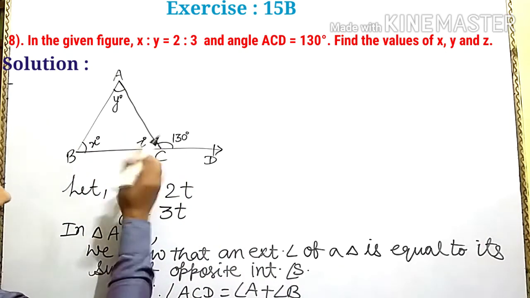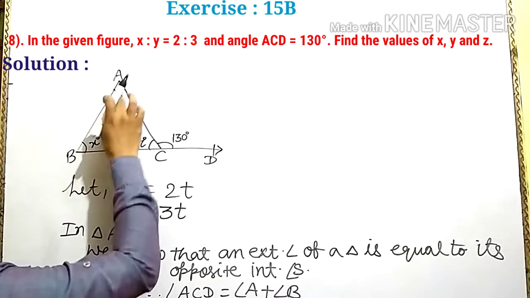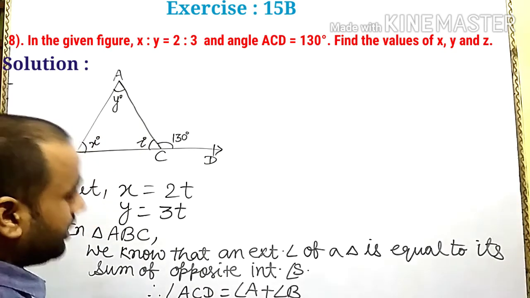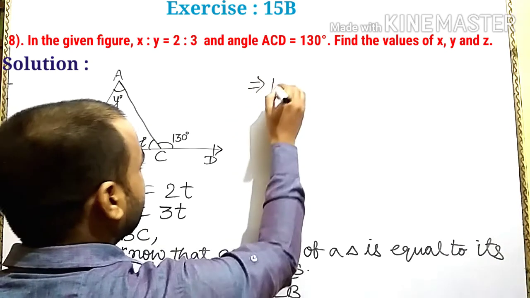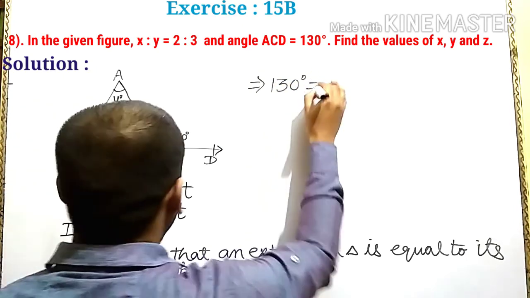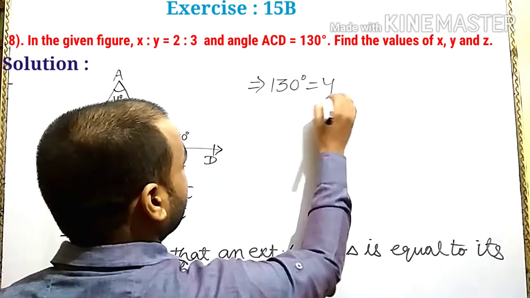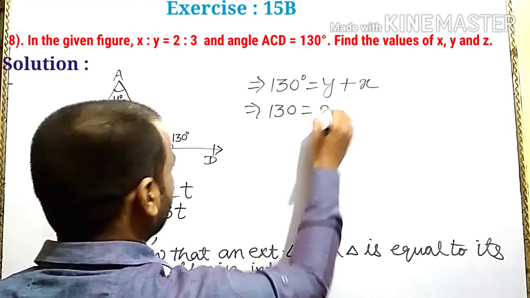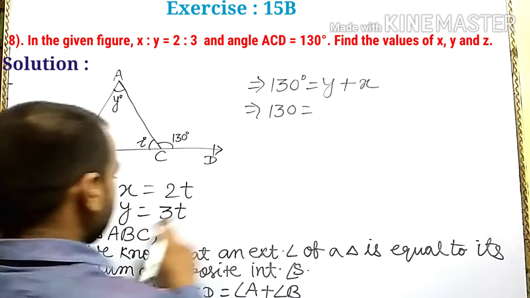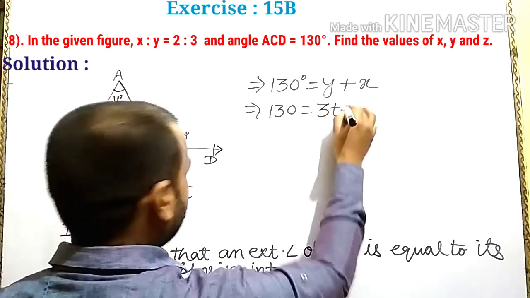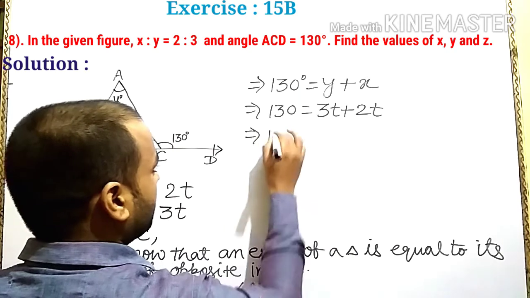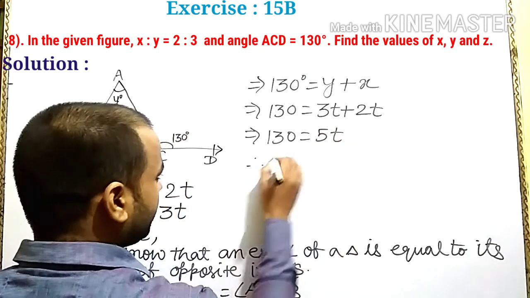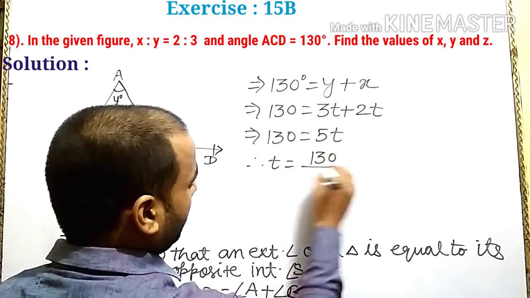Interior opposite angles: the remaining two angles A and B, that is x and y. So angle ACD is equal to angle A plus angle B. Therefore angle ACD is given as 130 degree, angle A is equal to given y, angle B is equal to given x. Also given x is equal to 2t, y is equal to 3t. So 2t plus 3t is 5t is equal to 130, that is t is equal to 130 upon 5.